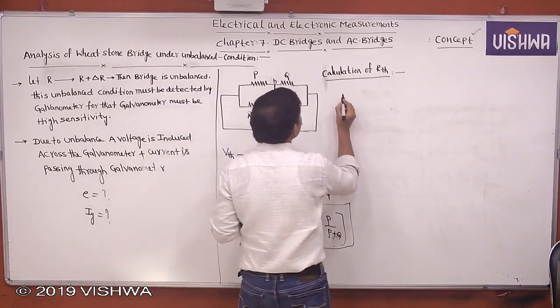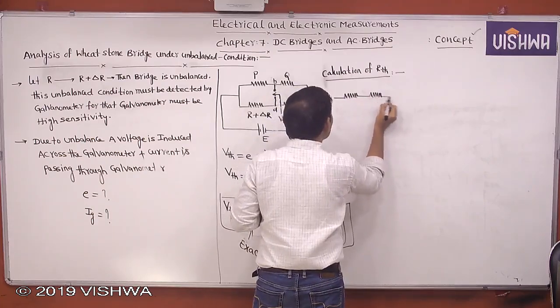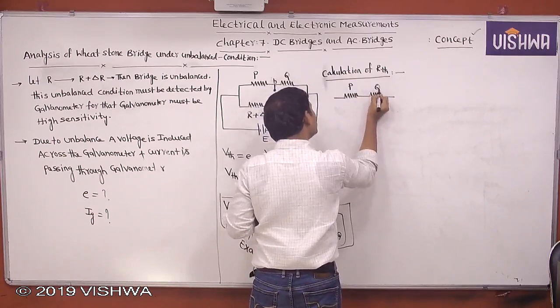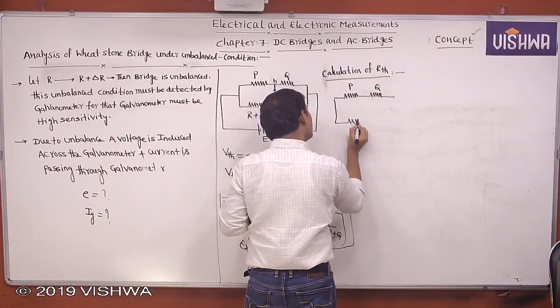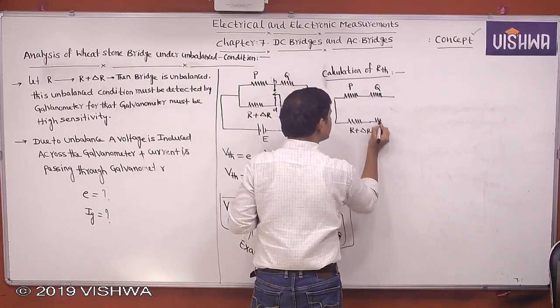If the voltage source is short circuited, what is the equivalent circuit? This is P and this is Q, and this is R plus delta R, and this is S.